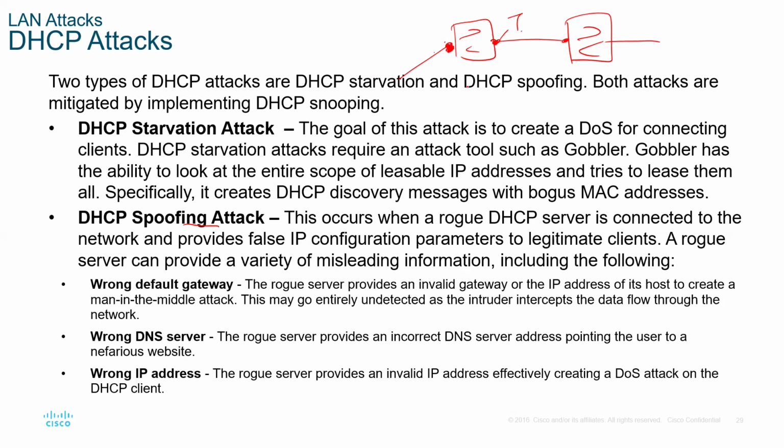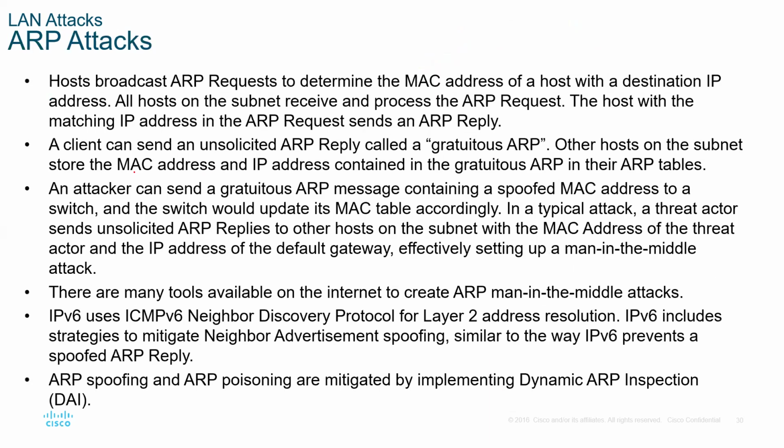We can configure DHCP snooping, which basically limits them, because the starvation attack deals with overwhelming the server with a number of discovery messages. So if we can limit those messages at a given port, we can reduce starvation attacks. That is basically what DHCP snooping does against starvation attacks.